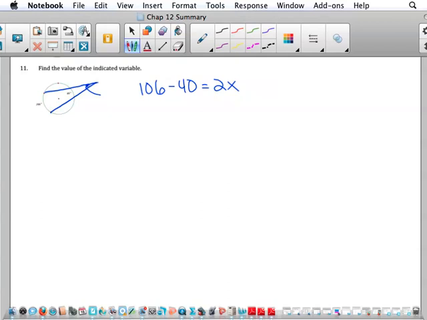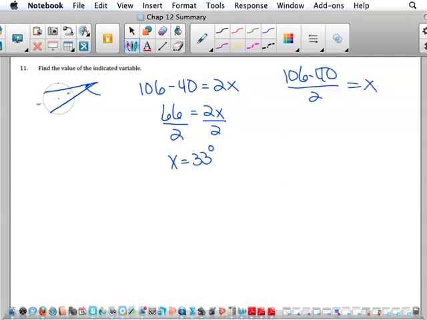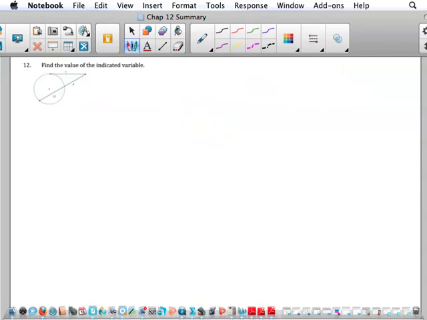So I'm going to have 66 is equal to 2x, divide by 2, so that angle x is equal to 33 degrees. Okay, remember again, you can take 106 minus 40 over 2 equals x. This is actually just the second step of that same equation, and I think also a little easier.